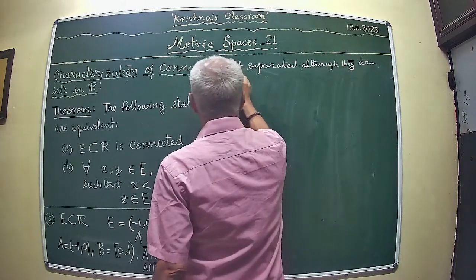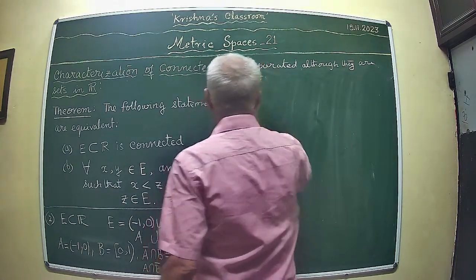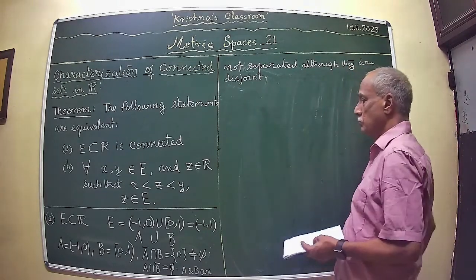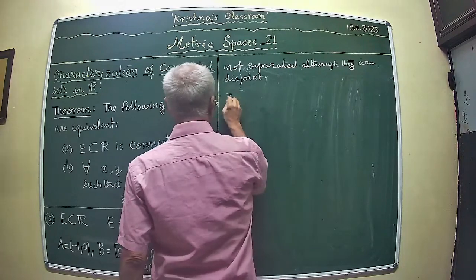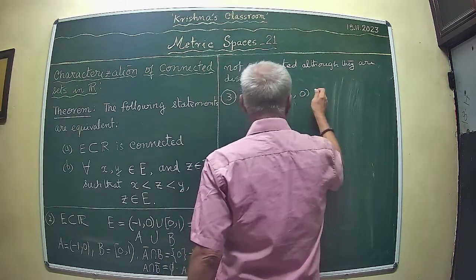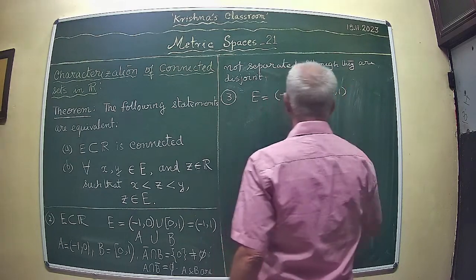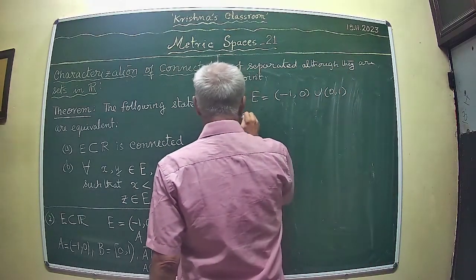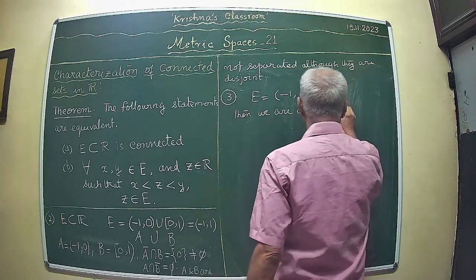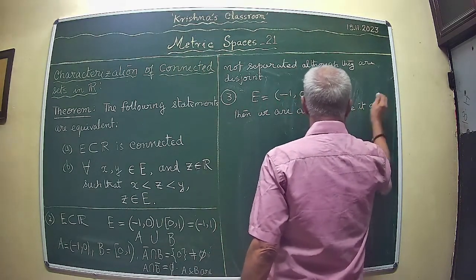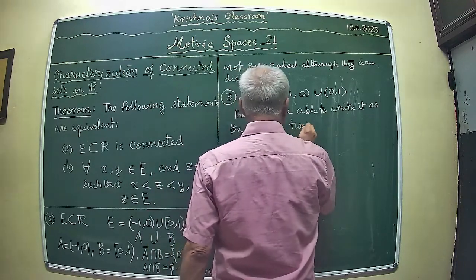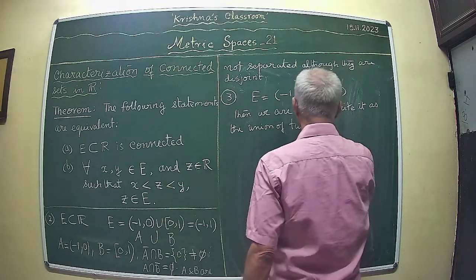Disjoint. Now clearly, you see, if you take E as... then we are able to... the union of two separate sets.